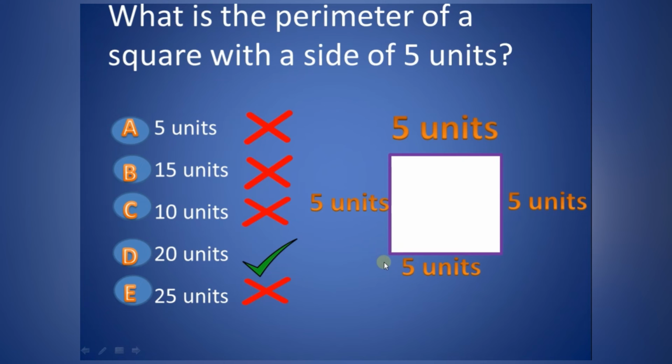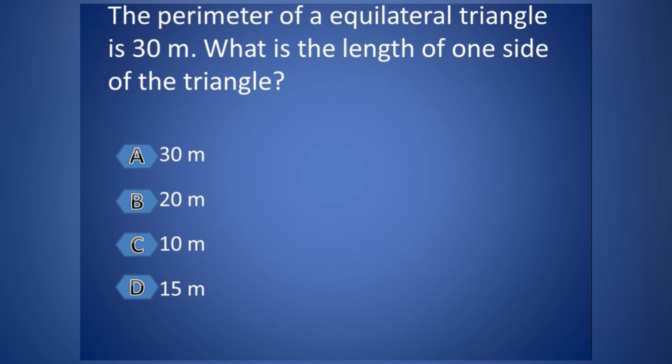Let's try another question. The perimeter of an equilateral triangle is 30 meters. What is the length of one side of the triangle? So in this question, we were given the perimeter of the triangle. An equilateral means that all the sides are equal.